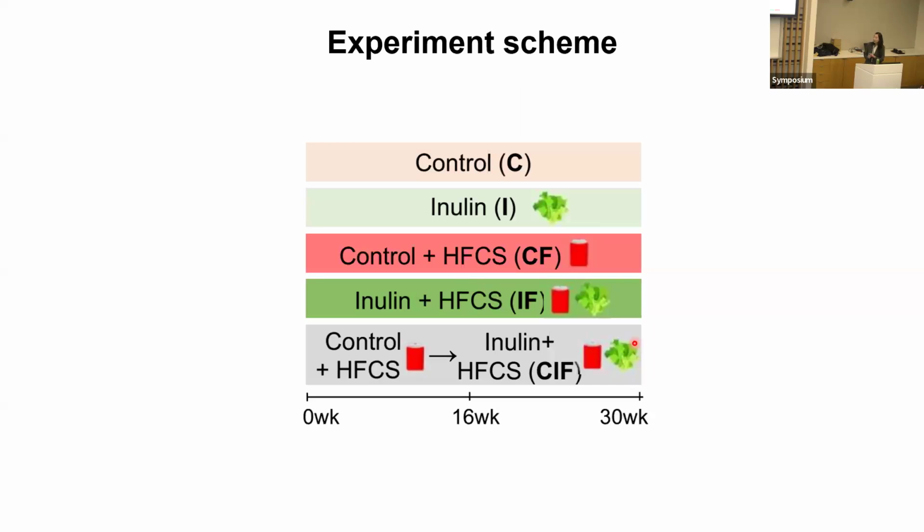We fed the control diet with high fructose syrup to mice for the first 16 weeks. Then we switched to the inulin diet while continuously feeding the high fructose syrup water, to see how inulin changes fructose metabolism.